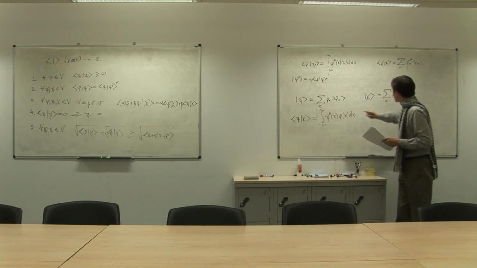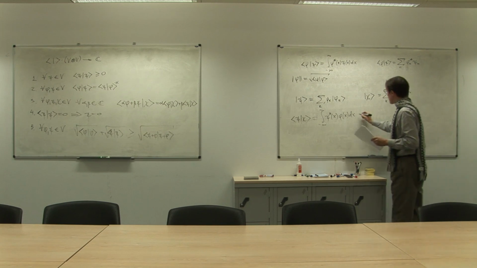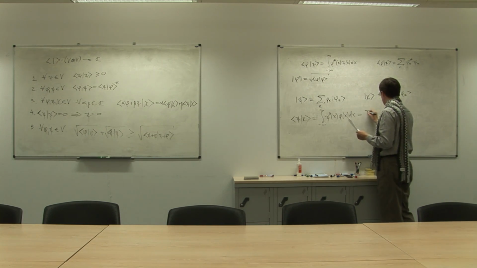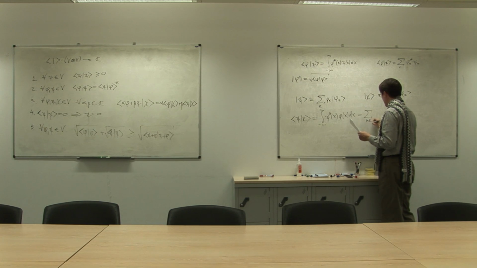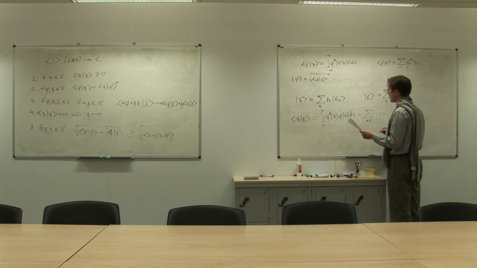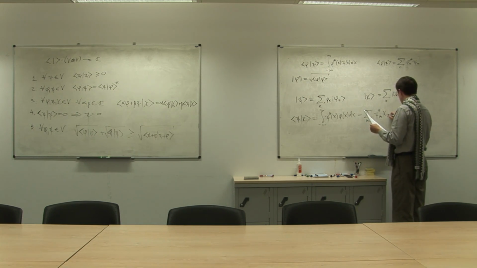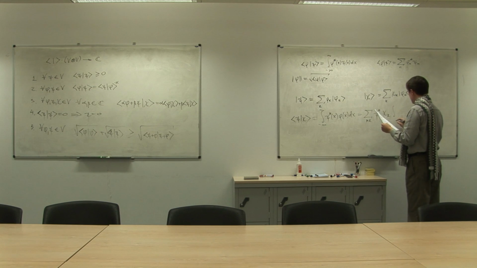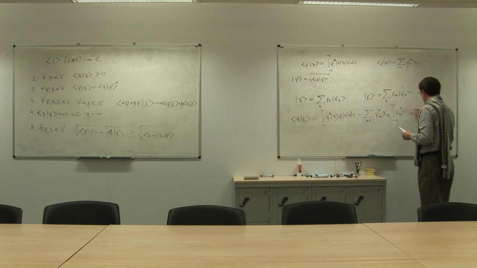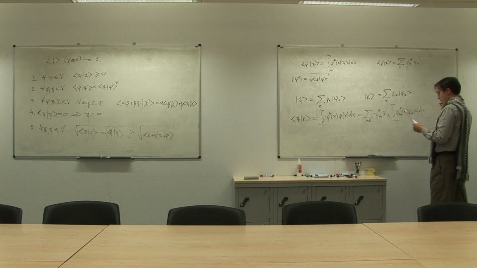Then I substitute this and this, and let's see what we have. We have then a sum over two different indices, m and k, the coefficients psi_m conjugate, chi_k, then an integral from minus infinity to infinity, phi_m star of x, phi_k of x dx.